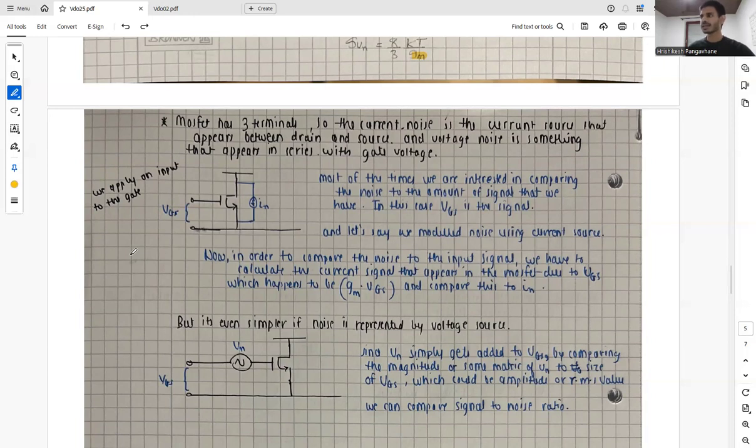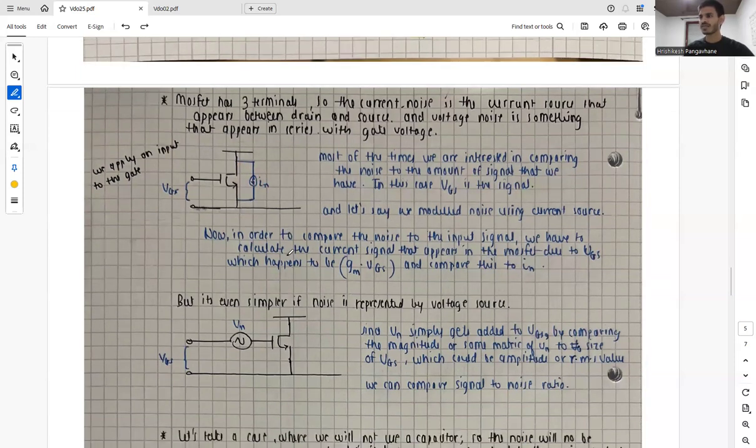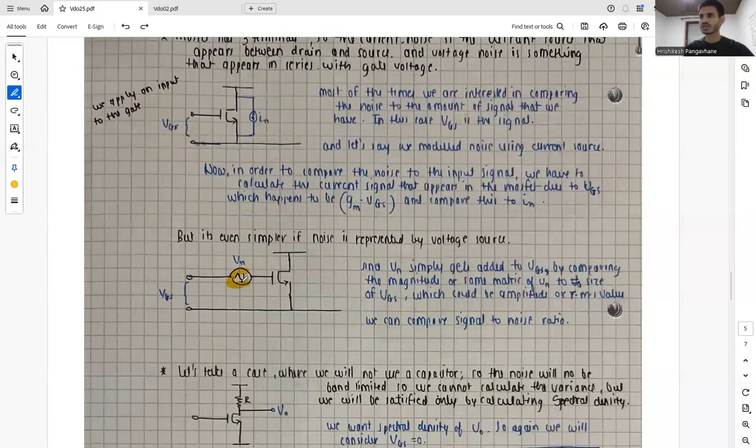Let's say we modeled our noise using a current source like this. In order to compare the noise to the input signal, which is a large signal, we have to calculate the current due to VGS, which happens to be gm VGS, and compare it with In. But there is an even simpler way if noise is represented by a voltage source.